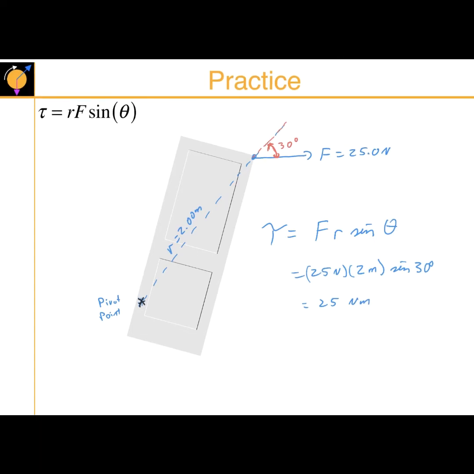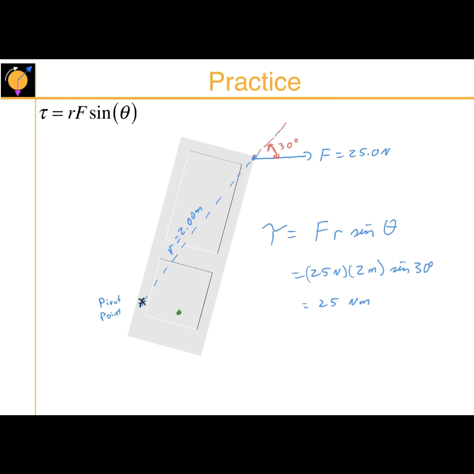Let's just do a second example real quick. Let's say a force in this direction here, and let's say this one is 25 newtons, and I want to do a pivot around that point. And let's say that this angle here again is 30 degrees, right?